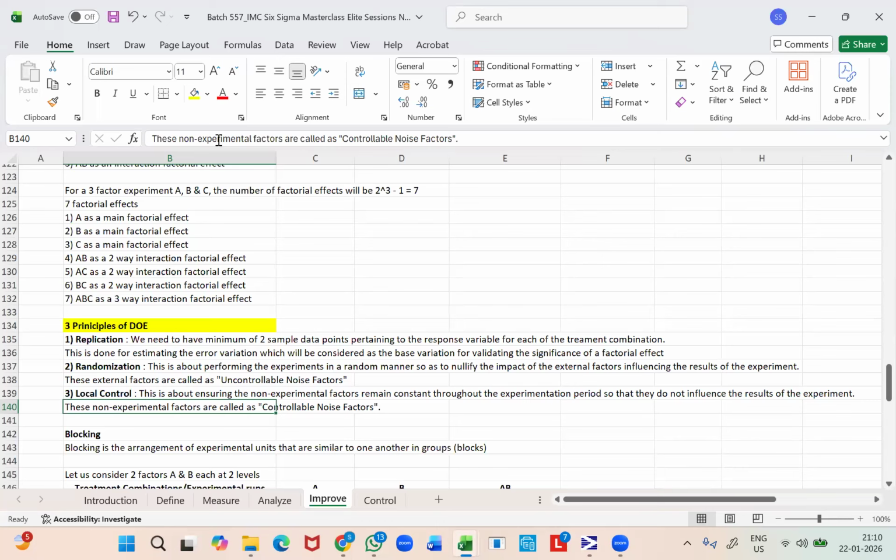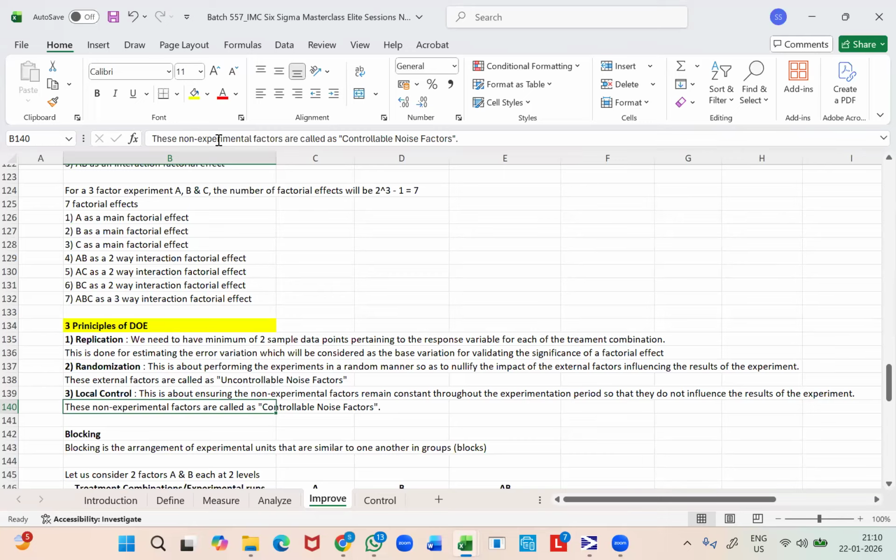And those experimental factors, which we allow to change during the course of the experiment at the predefined levels that we have already fixed for them, will be called signal factors. So the experimental factors will be referred to as signal factors and all the other factors will be referred to as noise factors.